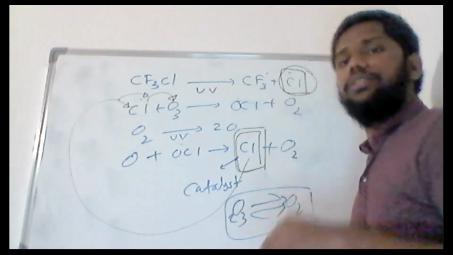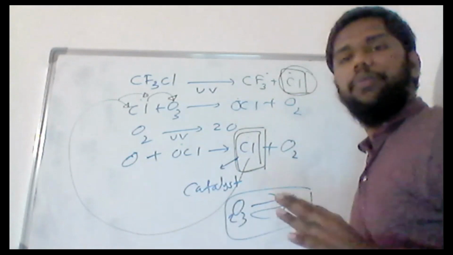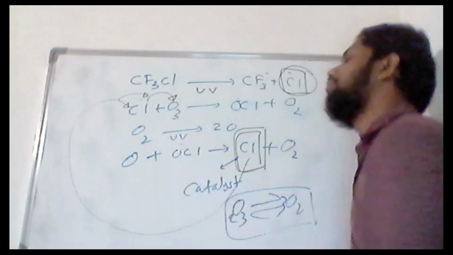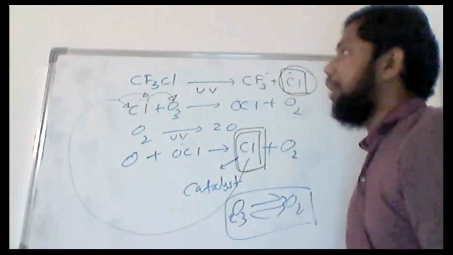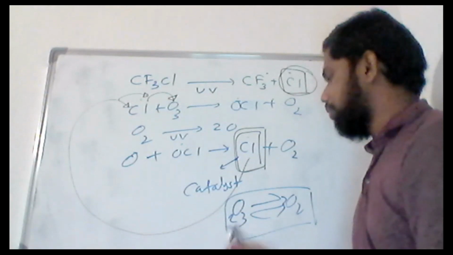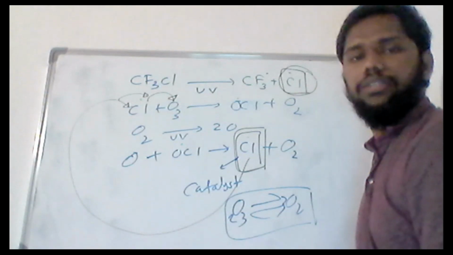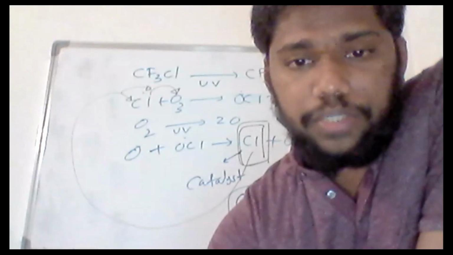When this equilibrium is achieved, there is no problem. The problem is when these exposures go into the atmosphere and destroy ozone, the equilibrium will be broken down because there is no more O3. That will be a problem. So that is what they have asked in the latter part of this question.